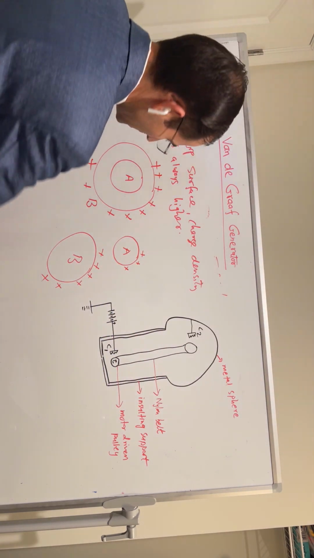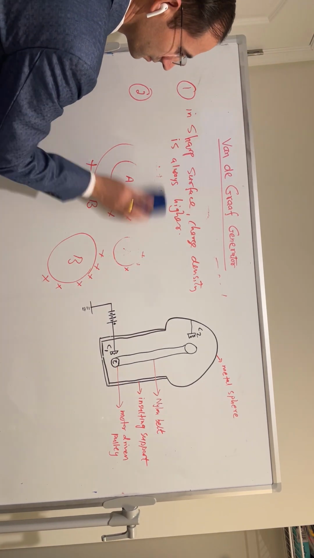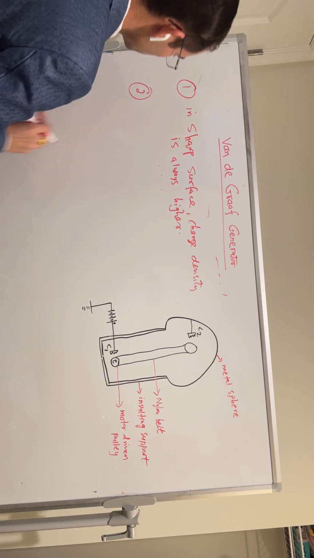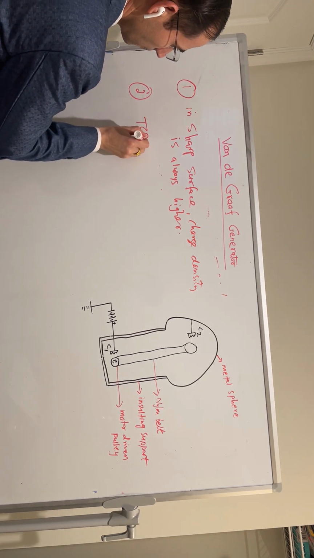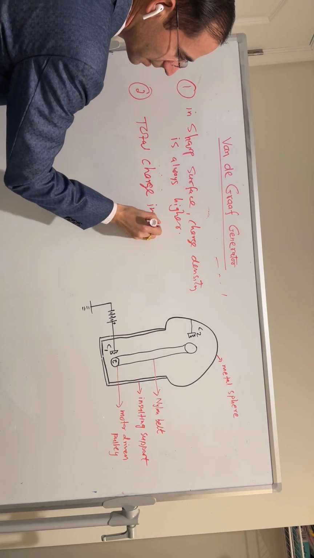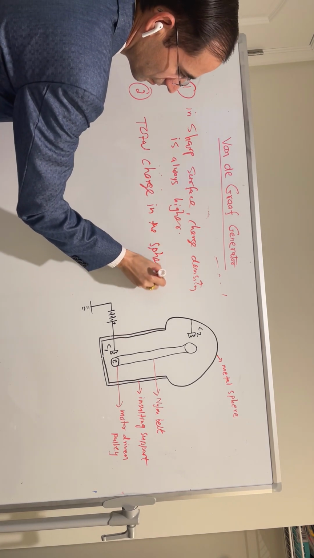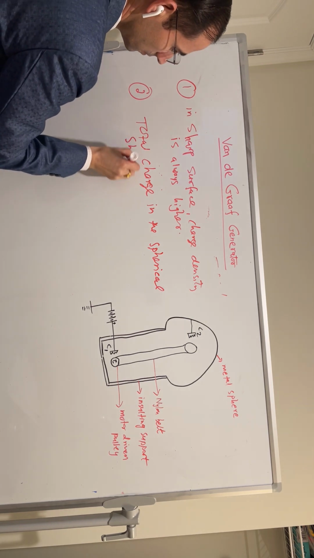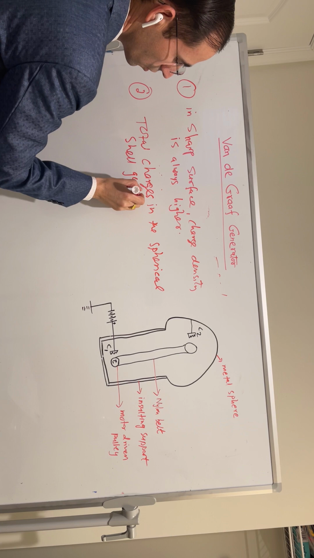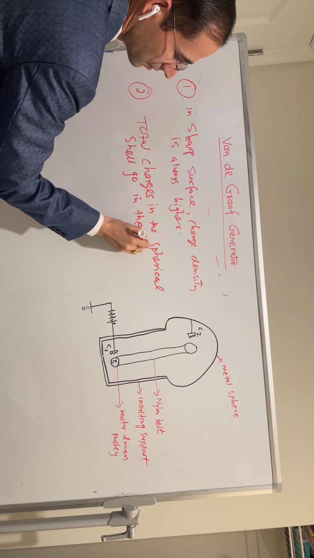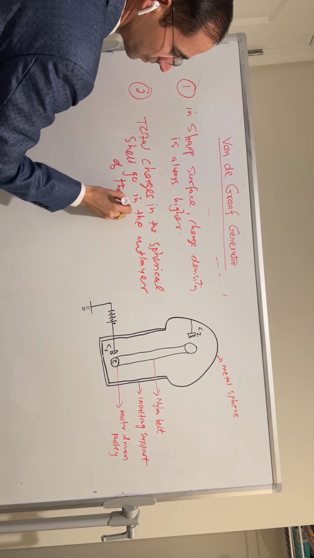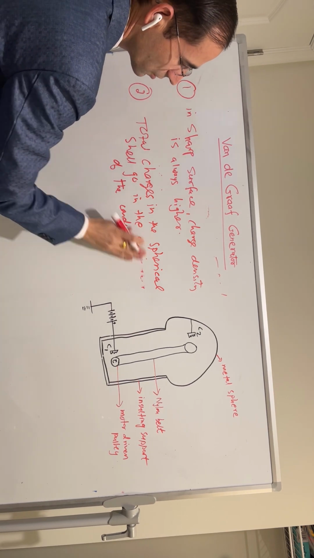So the total charge, let me write it down here. Total charge in the spherical cell goes to the outer layer of the conductor, the outer surface, we can say.